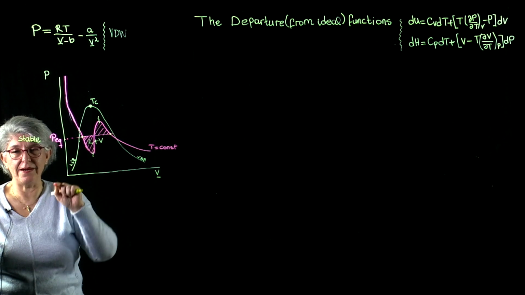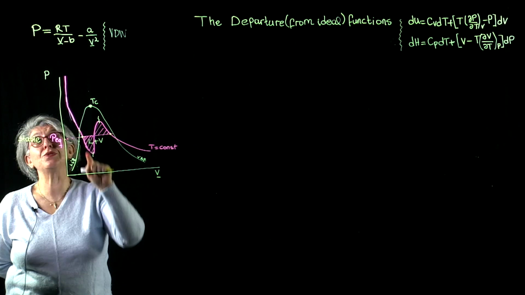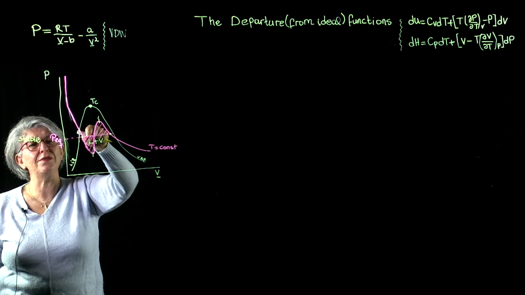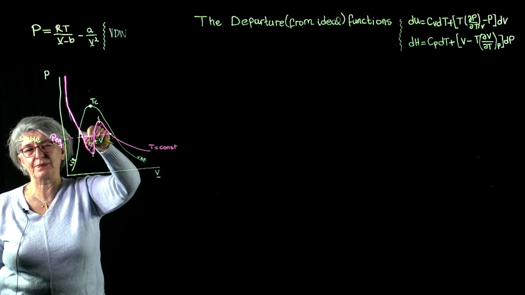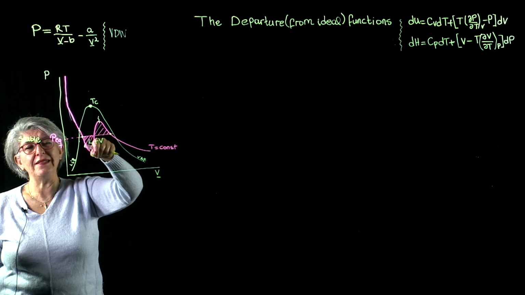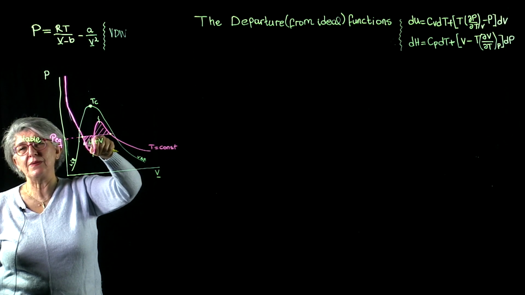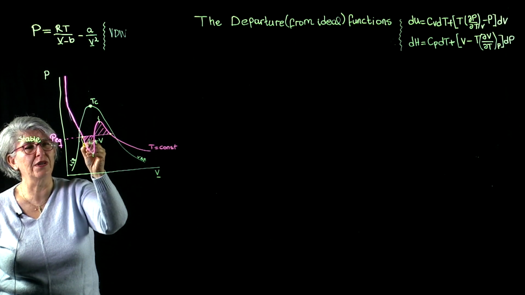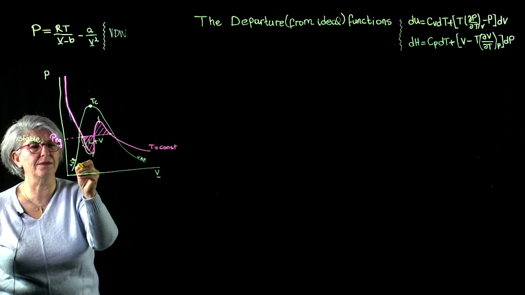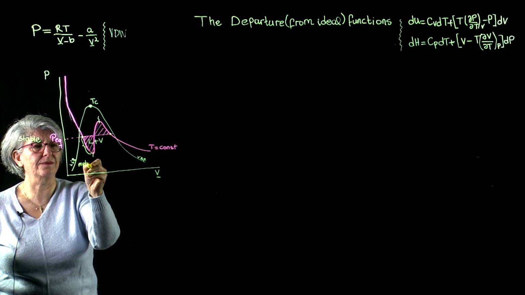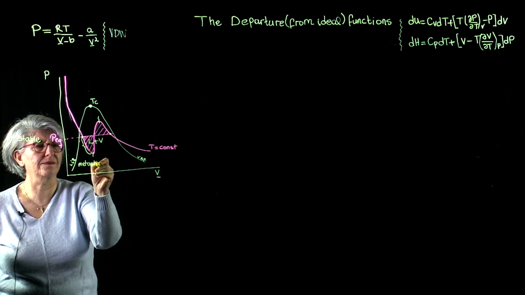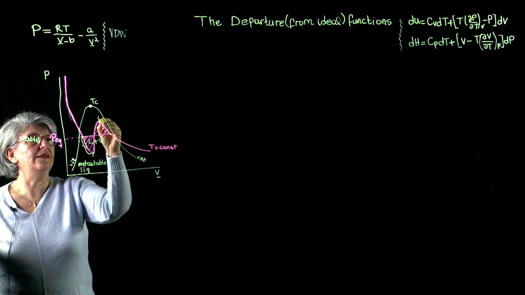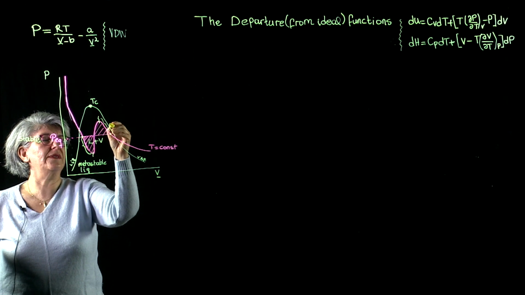But experiments show, and this equation also shows, that it is possible to go below that equilibrium pressure and remain on the liquid side, while keeping pressure low. So here, this domain is called the metastable liquid. And this domain is called the metastable vapor.